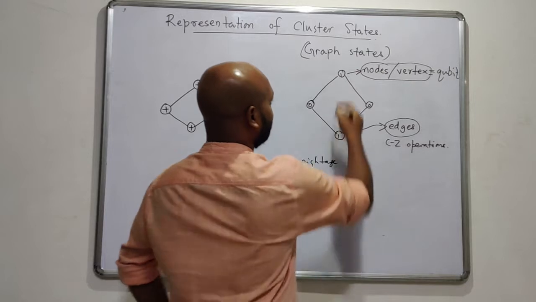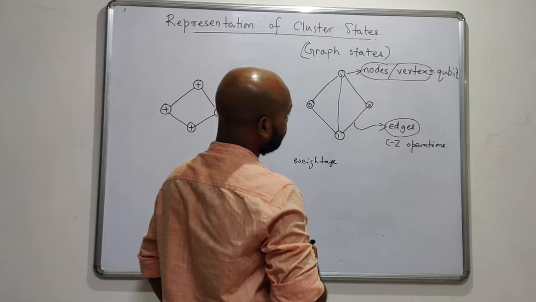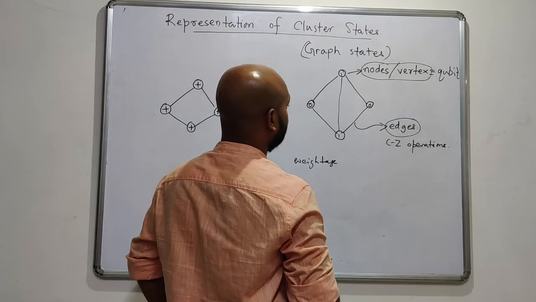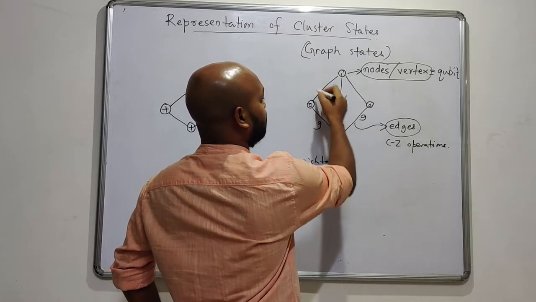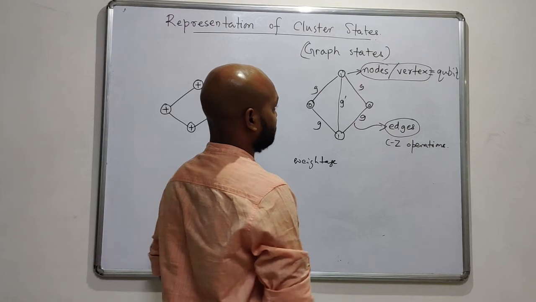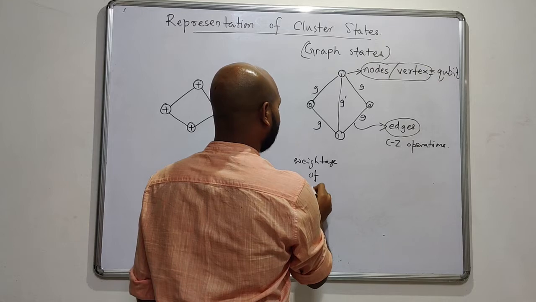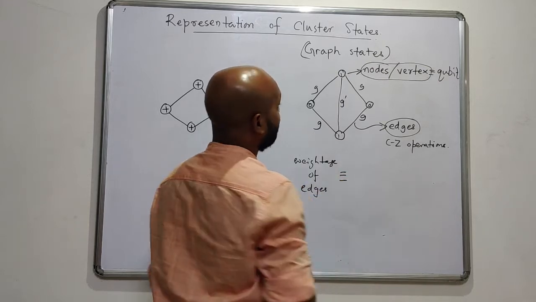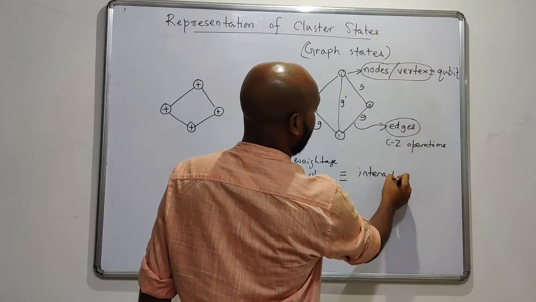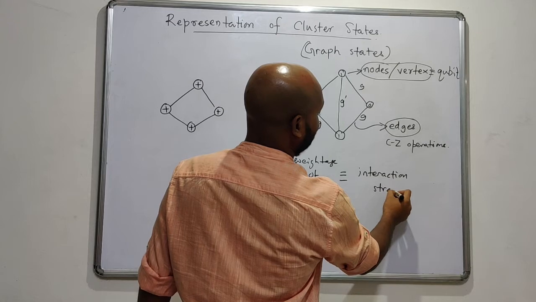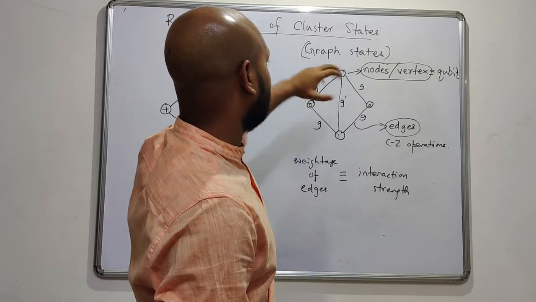And I say wherever 1 and 1 are connected, that has a higher weightage, let's say G prime, and wherever 0 and 1 are connected, they have a lower weightage, G. So the weightage of edges denotes the interaction strength between the qubits. So this is how we represent a cluster state.